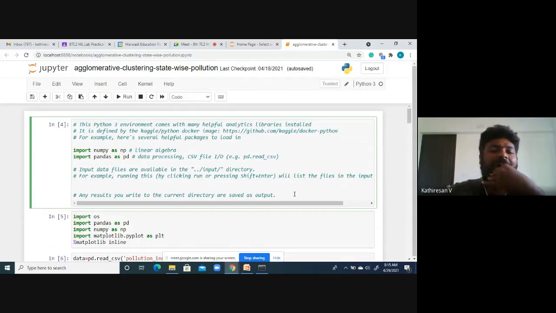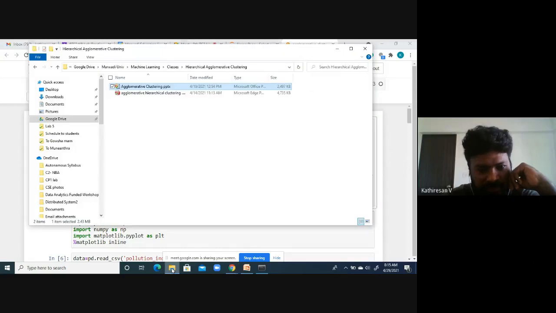So actually, this hierarchical agglomerative clustering, we are going to perform on the state-wise pollution dataset. I will show the state-wise pollution dataset to you. Where is it?